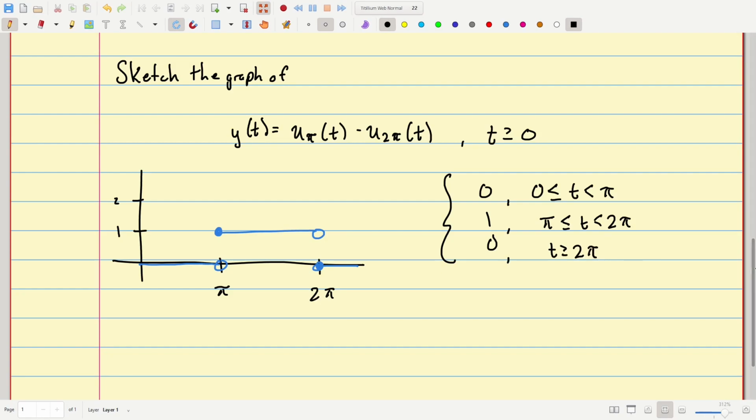So the piecewise definition for the function looks like this, and we see that the figure looks like that otherwise. Okay, now we could, if we wanted to, think about those vertical lines as being drawn in.